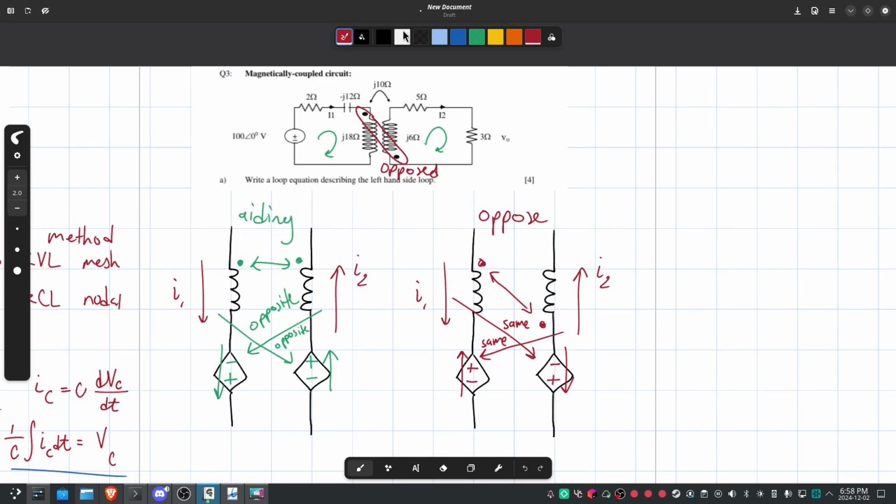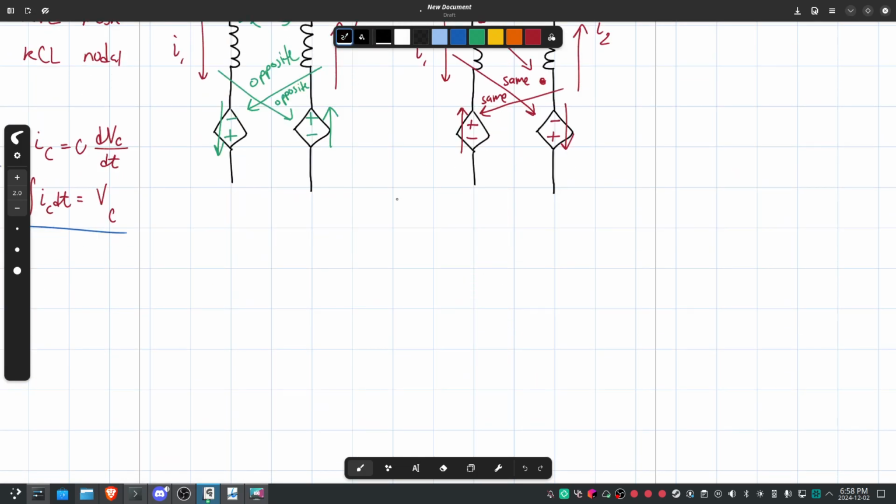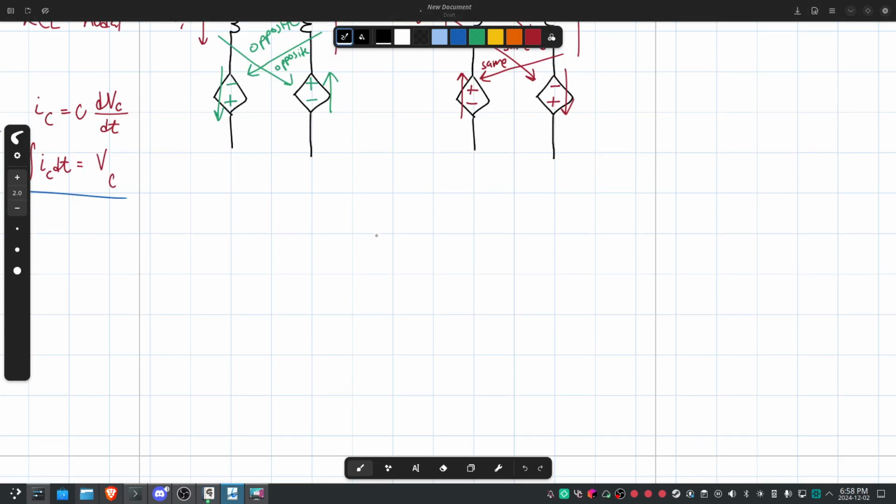Now we can draw our circuit here. Let's draw the actual representation of our circuit with these dependent sources involved. So on the left we have our voltage source of 100 with a phasor of 0. It goes through a resistor of 2 ohms, through a capacitor of negative 12J, through an inductor.